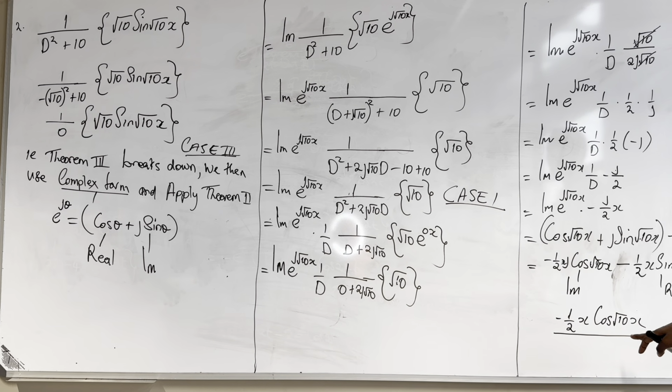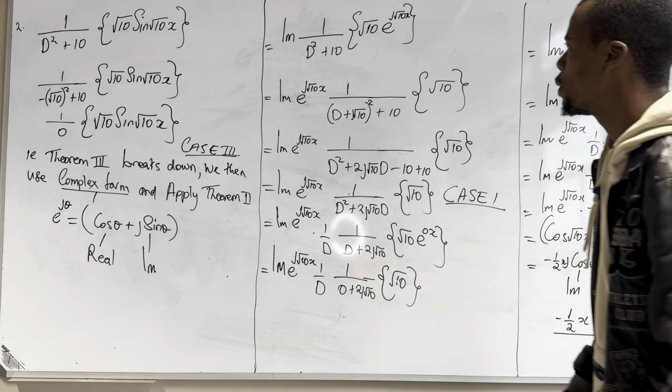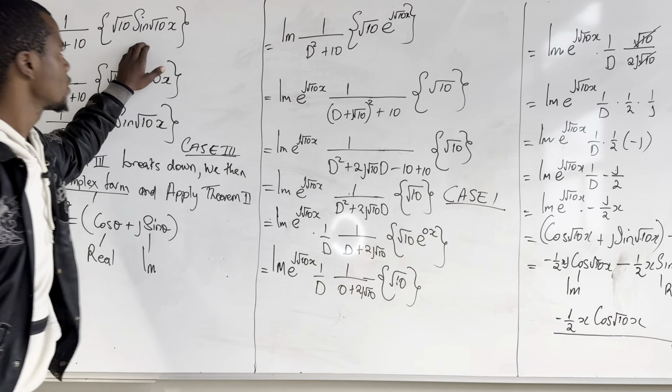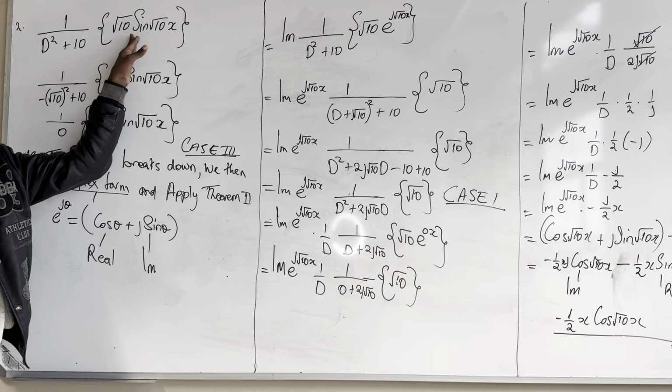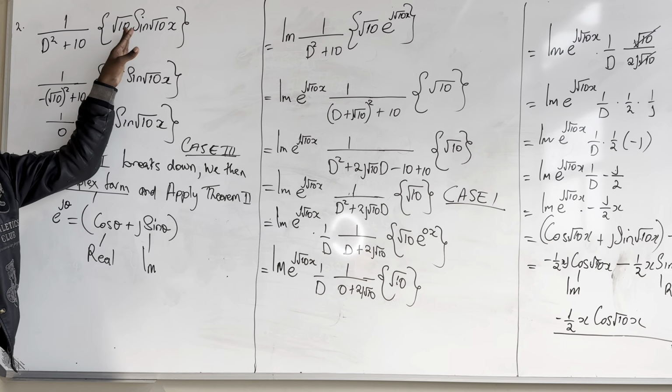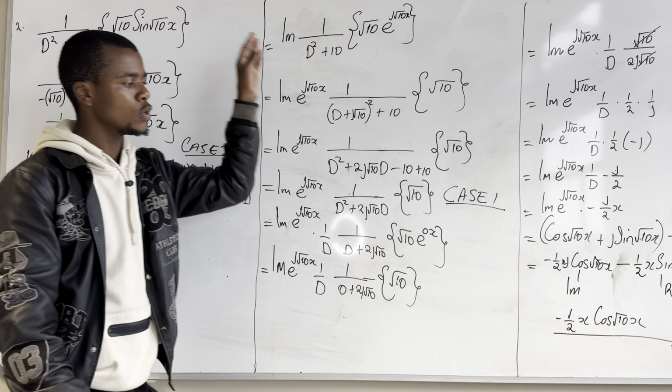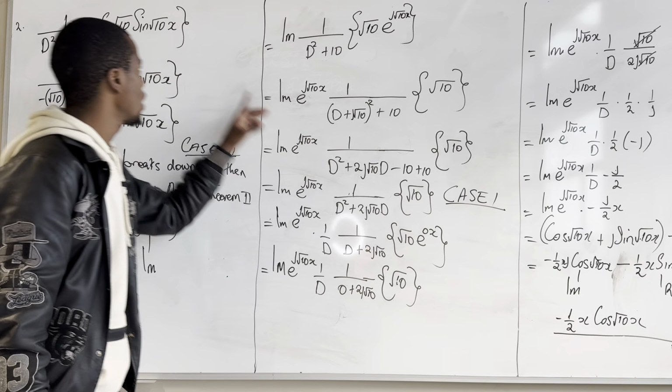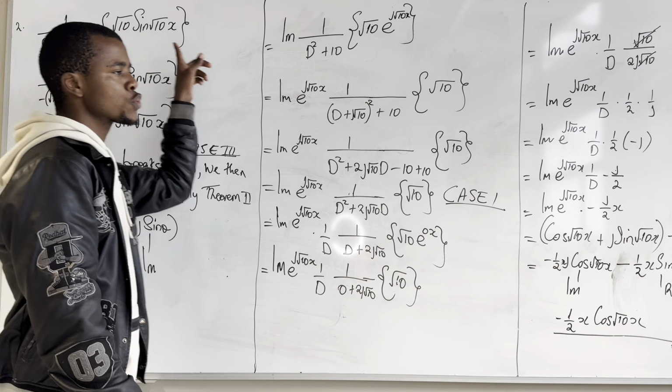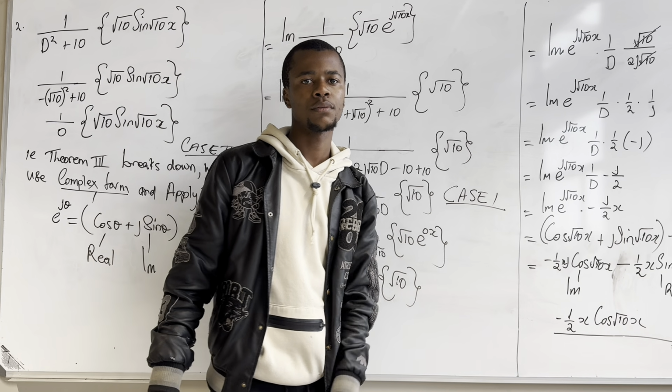So if you notice, in the beginning we had the sine. So since we had the sine, most of the cases, or every time, it will change to cos. If this was a cos, then it will change to sine. Okay.